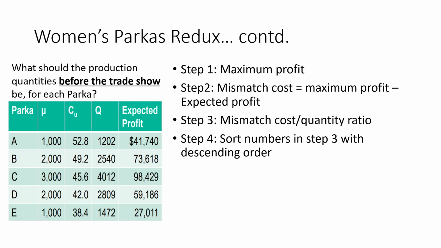Step 3, mismatch cost divided by quantity ratio. The quantity ratio is Q. It's in the table. Step 4, sort the numbers in step 3 in descending order. Basically, you rank the numbers from the most to the least.